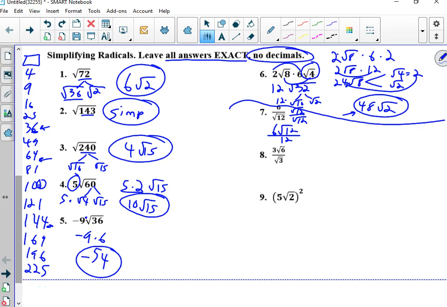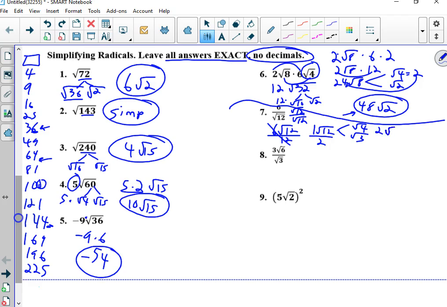Now, at this point, I need to reduce 6 and the 12, which gives me 1 radical 12 over 2. But I can't stop there. Radical 12 has a perfect square in it, and that's 4. So, square root of 4 is 2.